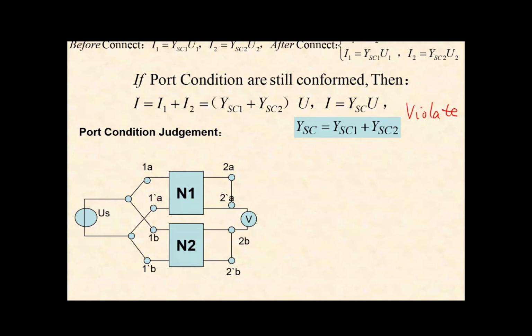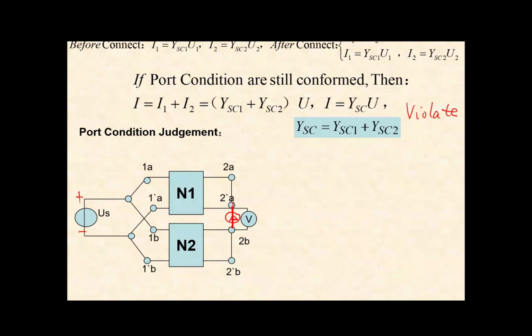At first, we add a source on the left side and short connect the source on the right side. This means all four terminals are short connected. And then we judge if this current is zero.